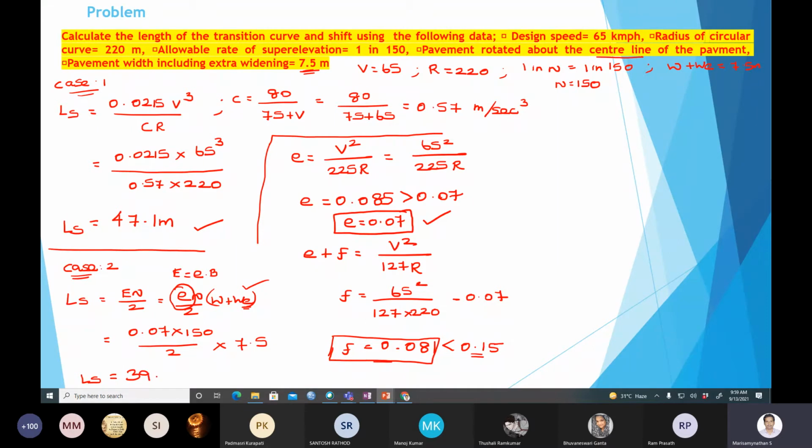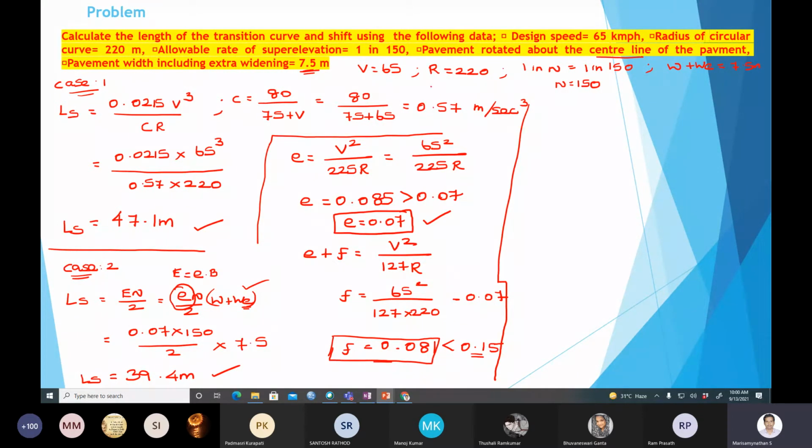So I'm assuming 39.4 meter. This is with respect to case 2, the super elevation, and how the length of the transition curve is provided.